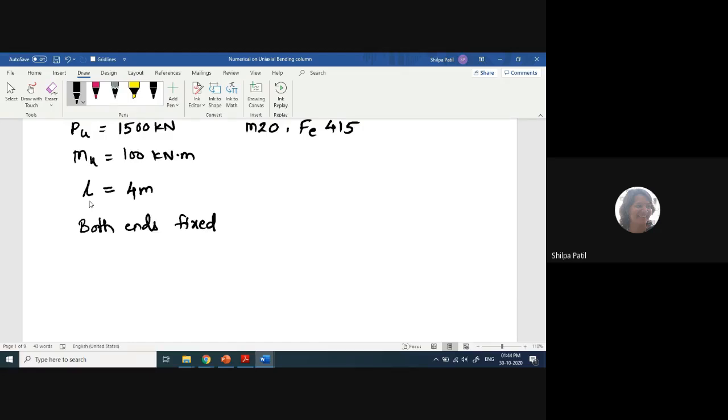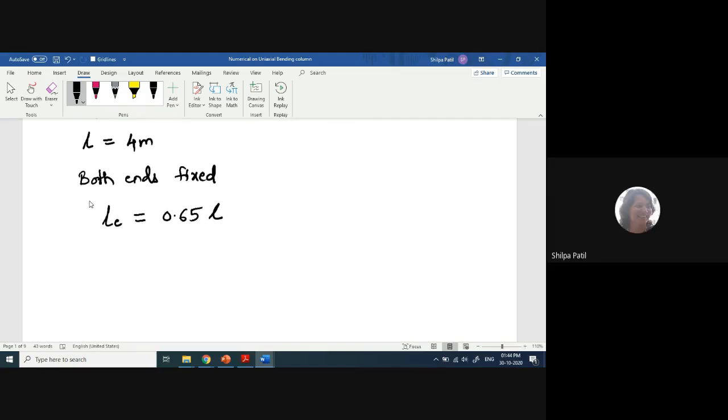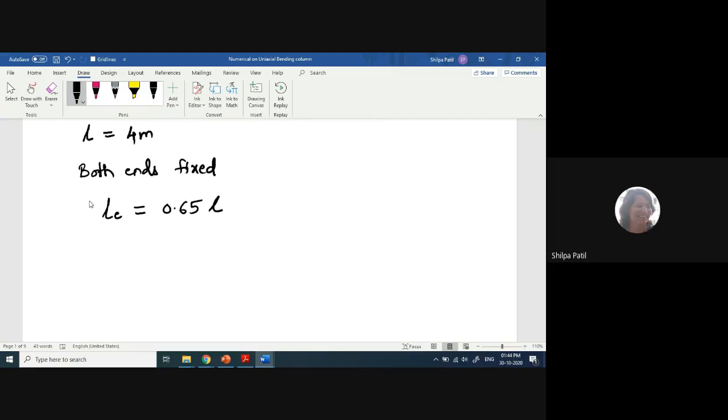For this particular condition, tell me what is the criteria for effective length. 0.65 L. Recommended value. Yes, always consider recommended value. Don't use theoretical value. Okay, so let us calculate LE: 0.65 into 4, the value is 2.6 meter.